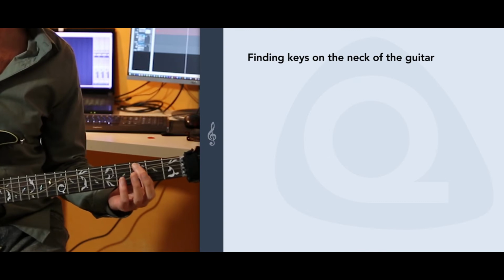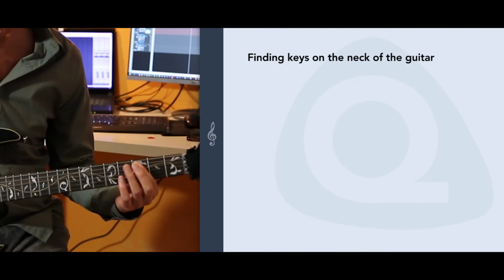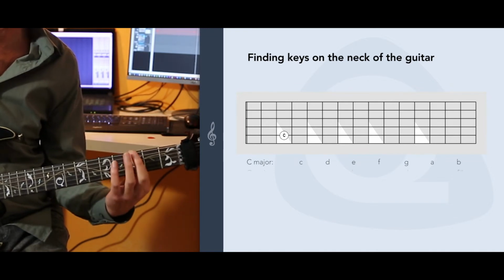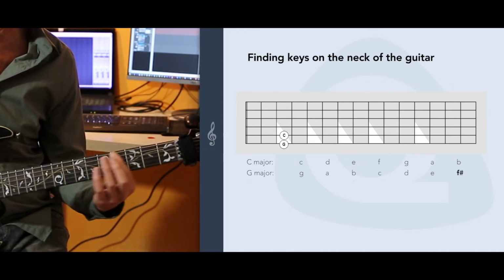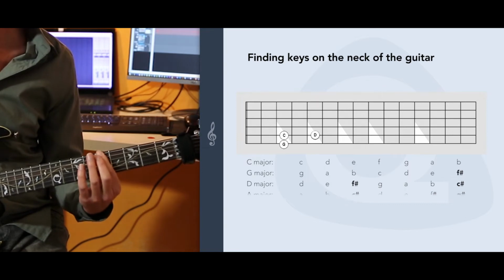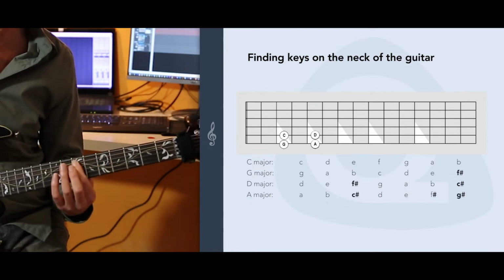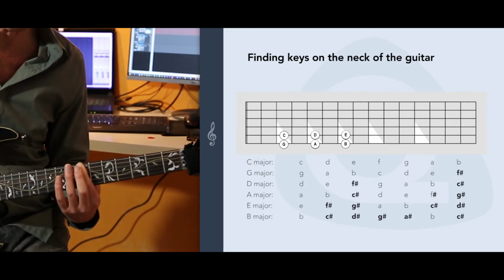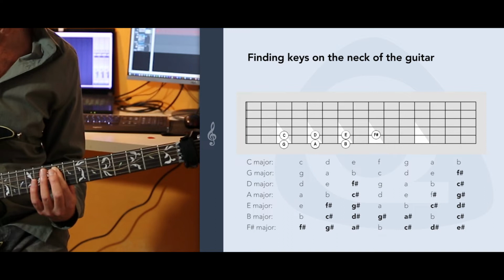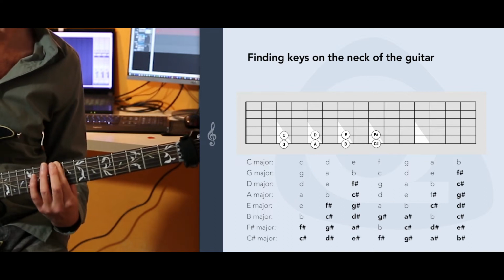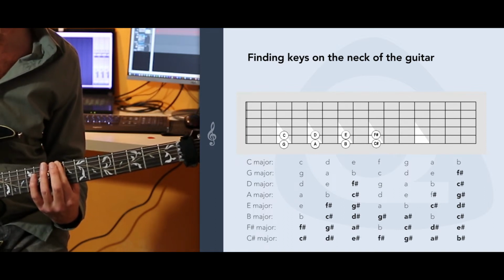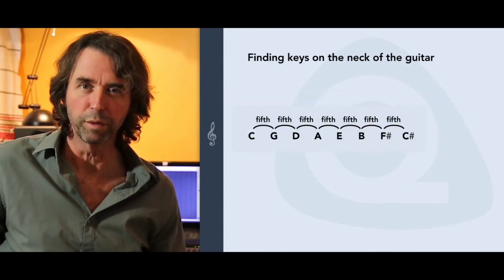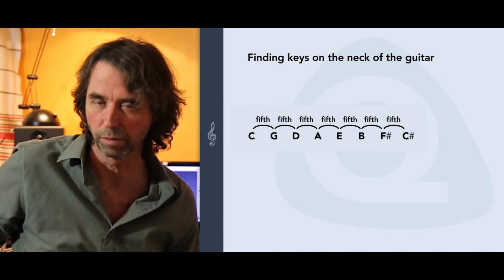So the order of keys based on the amount of sharps would be C major, no sharps, G major, 1 sharp, D major, 2 sharps, A major, 3 sharps, E major, 4 sharps, B major, 5 sharps, F sharp major, 6 sharps, C sharp major, 7 sharps. The distances between those roots are all fifths, fifth intervals.